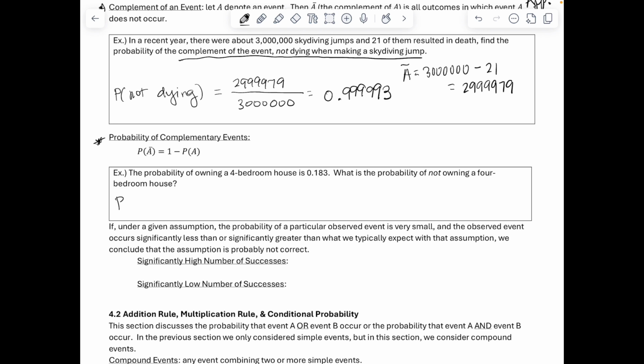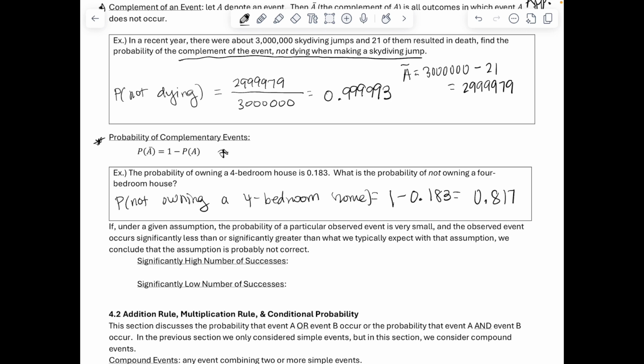So the probability of not owning a 4-bedroom home is equal to, using that formula given up above, 1 minus the probability of owning a 4-bedroom home, which is 0.183. So subtracting this on your calculator, we get an answer of 0.817.